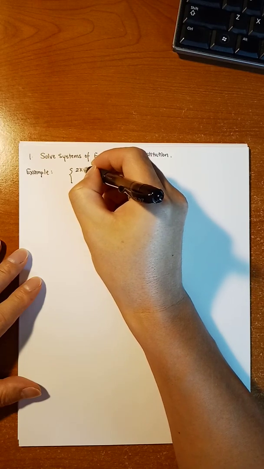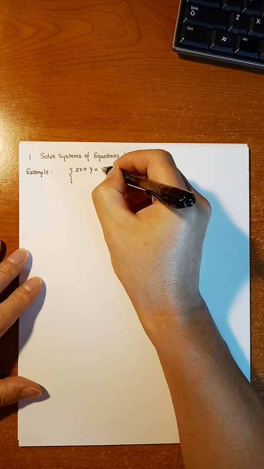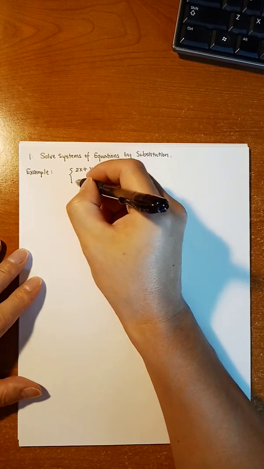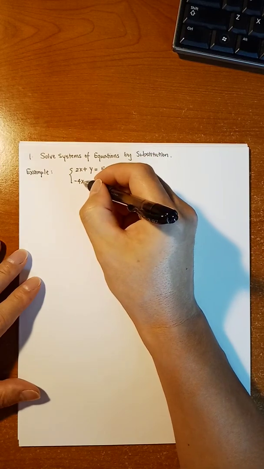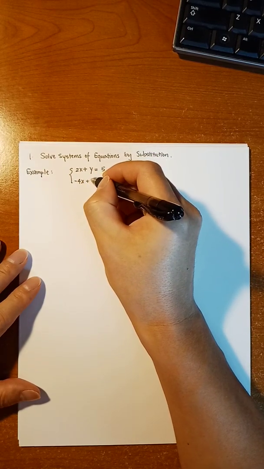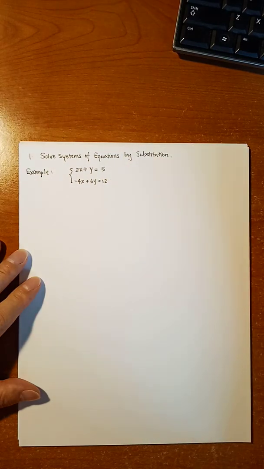At this moment, we just studied systems with two variables and two equations: 2x plus y is equal to 5 and negative 4x plus 6y is equal to 12. All right, so how do we solve it?